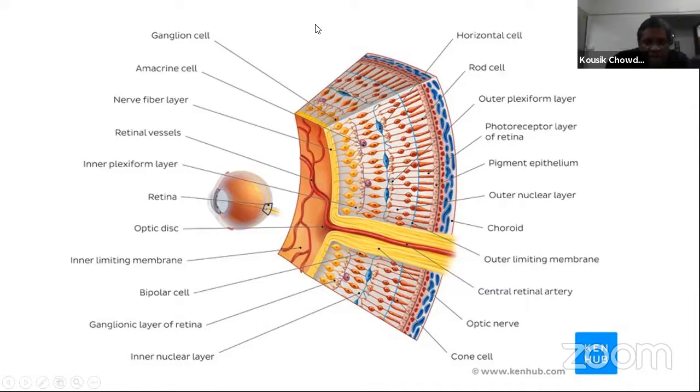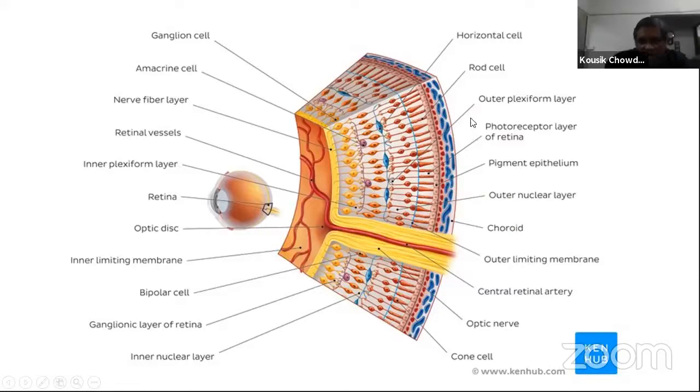And how is it formed? Inner plexiform layer. It is formed by the nerve fibers of the cells. This is nerve cells, fibers.